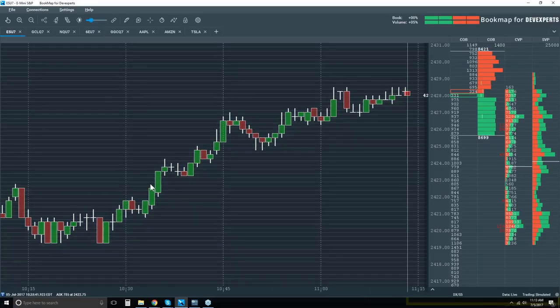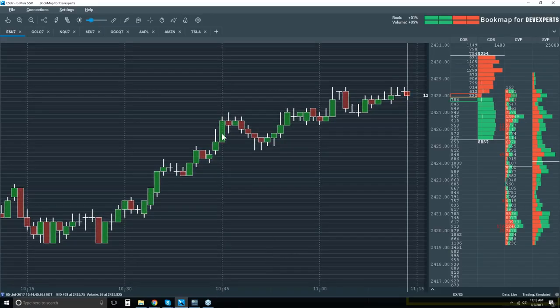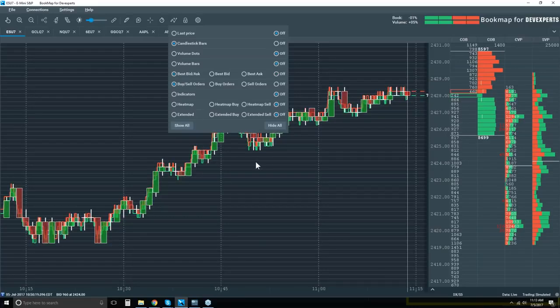No further explanation is needed. You can see that between each vertical dotted line here, I have 15 minutes worth of data. I'm going to start layering information on top of this. First I'm going to add the best bid and offer. Now what we're looking at is the historical best bid and offer.